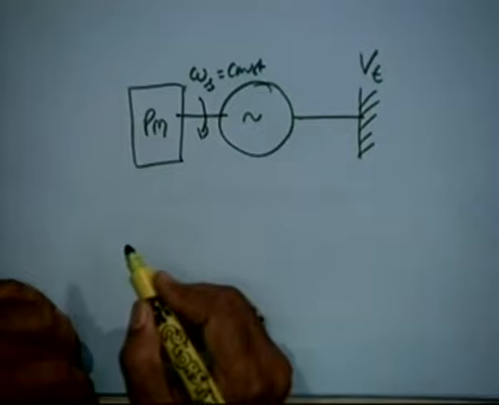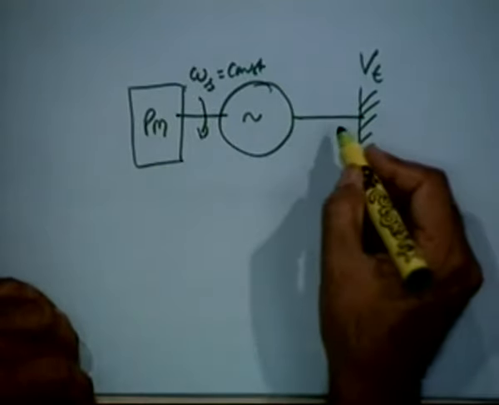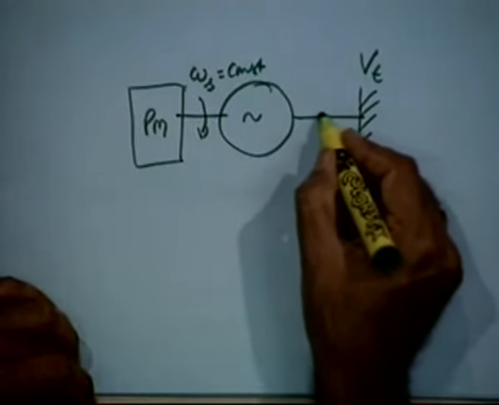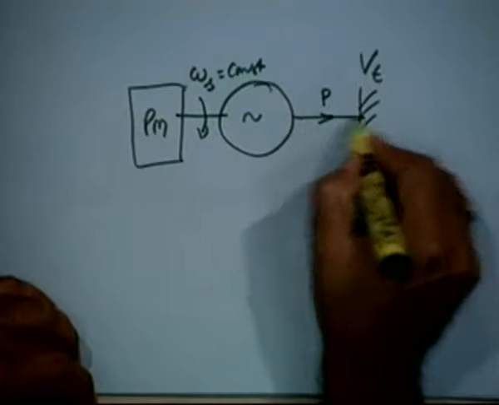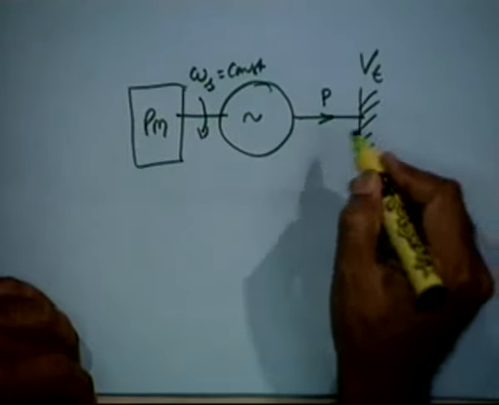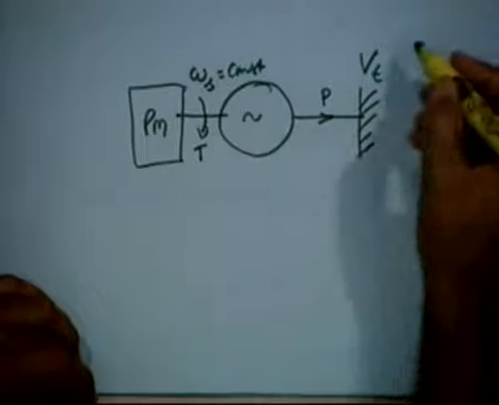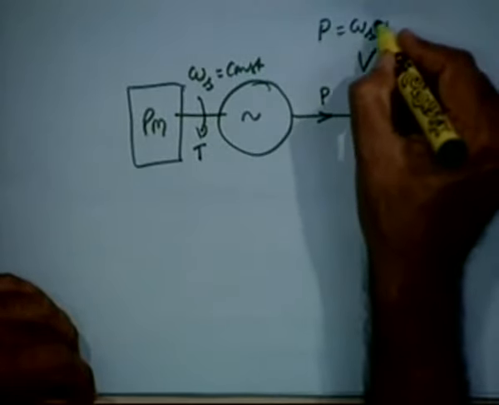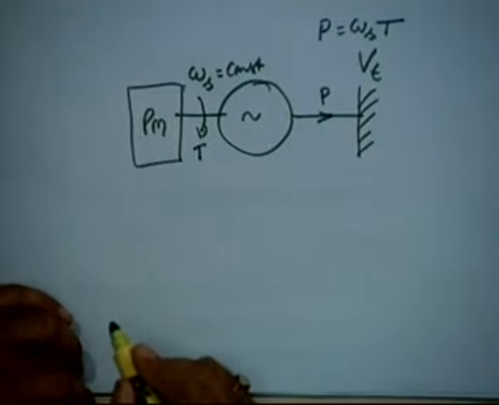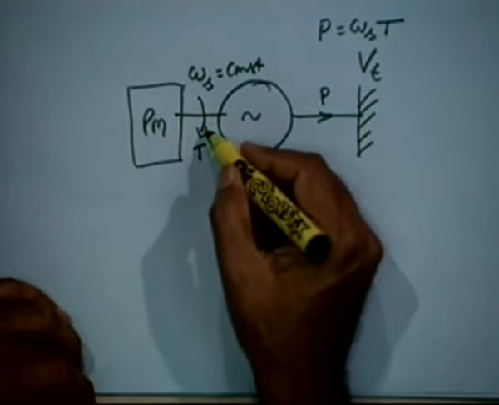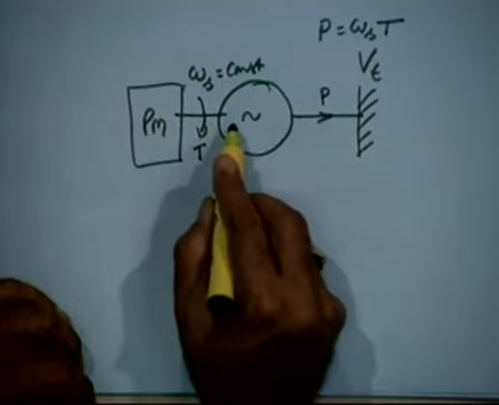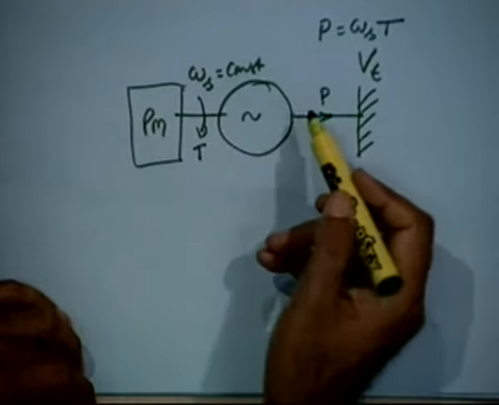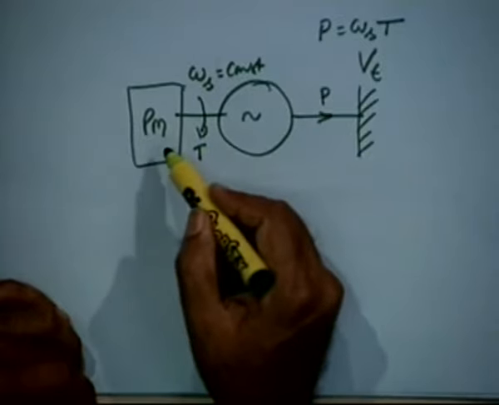This is one of the constraints you have, no change in speed, and then the power can go out as if it is a generator. So this will produce a torque. Power is expected to be, ideally neglecting losses, omega s into torque, isn't it? Because the torque is supplied by the prime mover if it is a generator, and our torque is taken to the load if it is a motor.